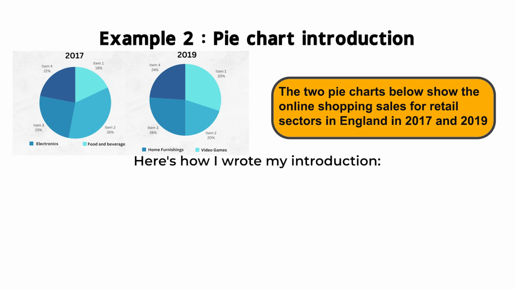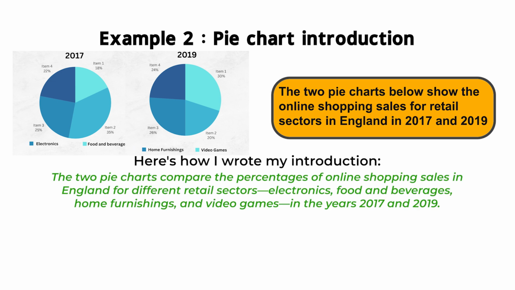Here's how I wrote my introduction. The two pie charts compare the percentages of online shopping sales in England for different retail sectors: electronics, food and beverages, home furnishings, and video games in the years 2017 and 2019.